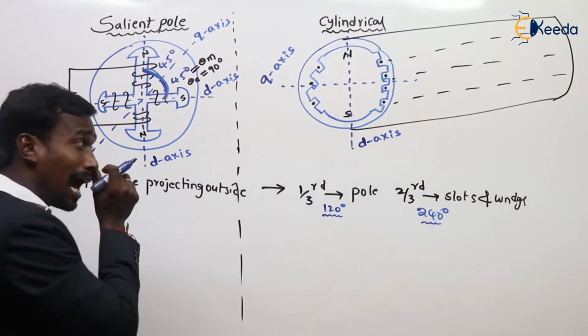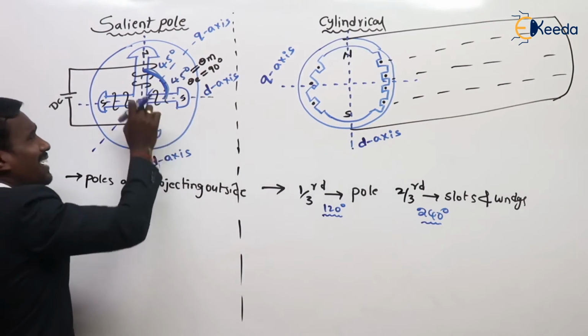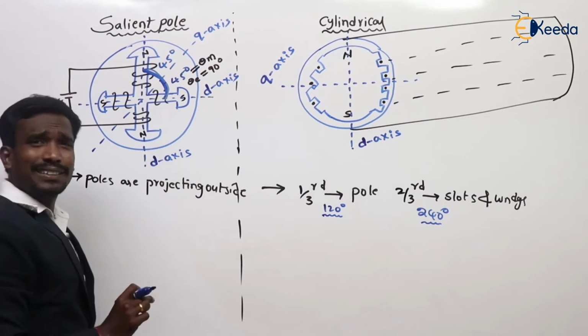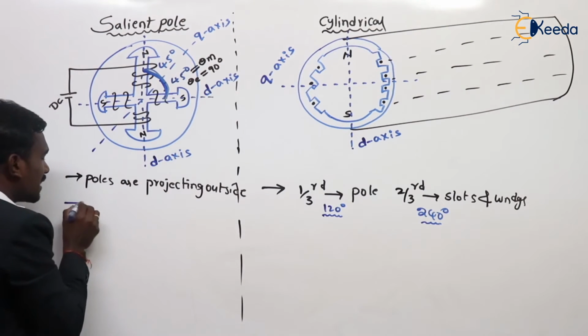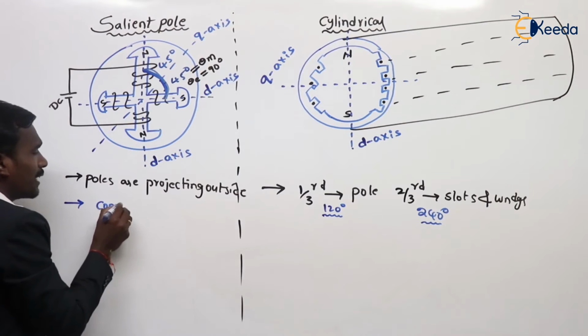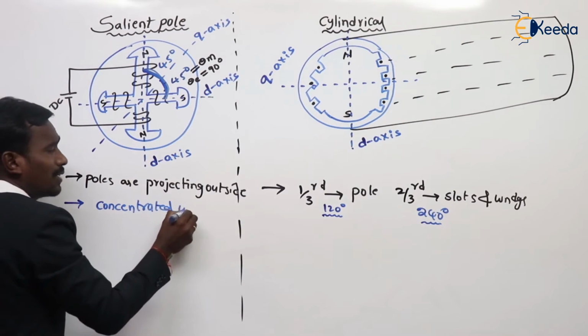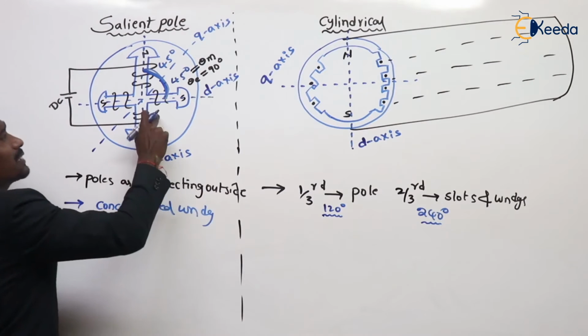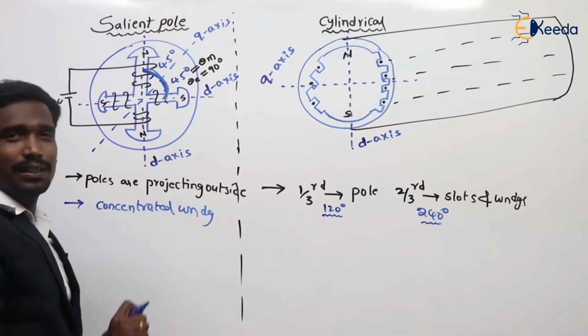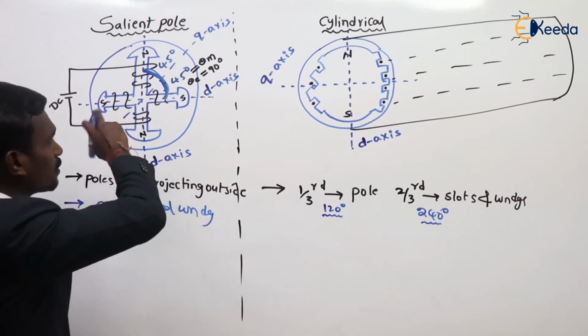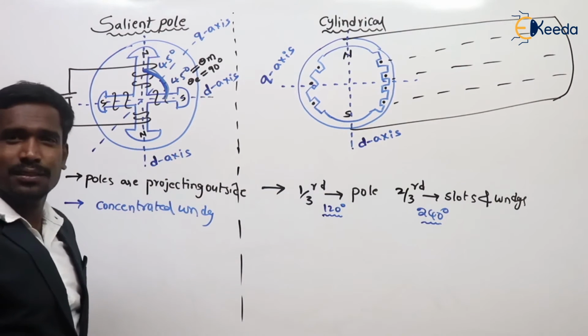And next, generally here we are using concentrated winding. See, the winding is similar to a transformer. In a transformer also we place the winding like this.